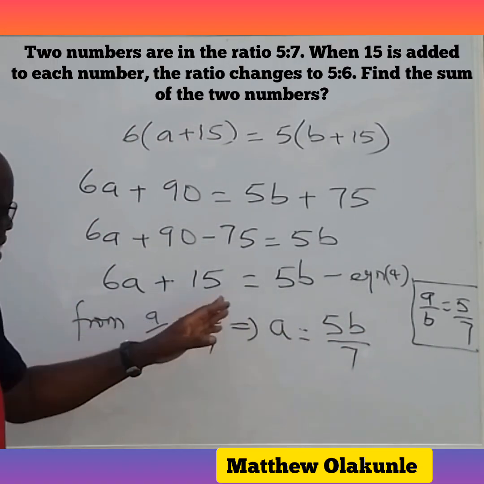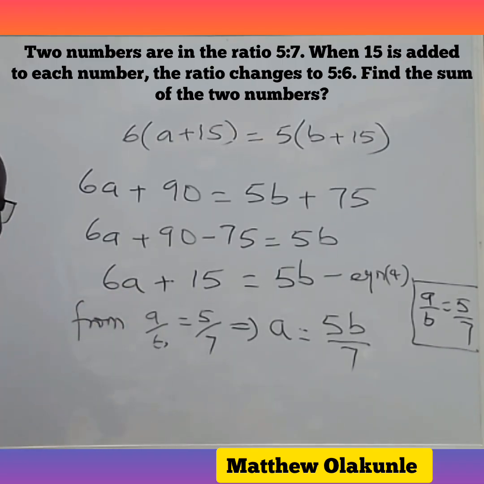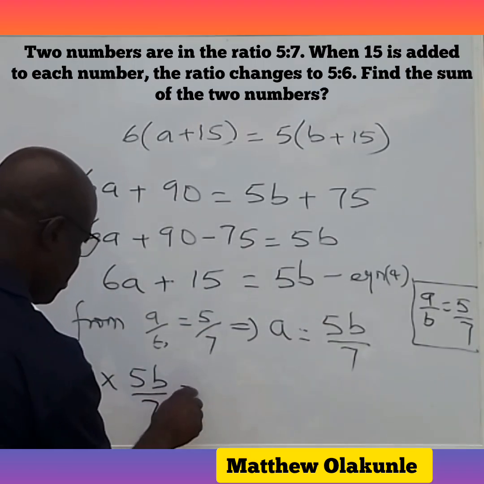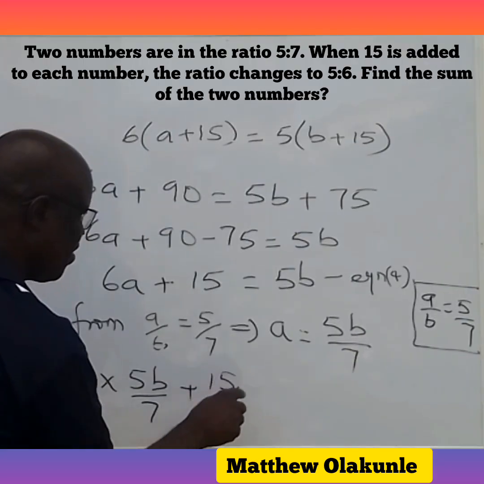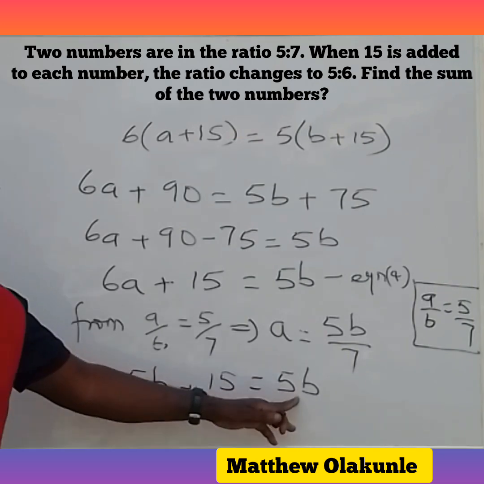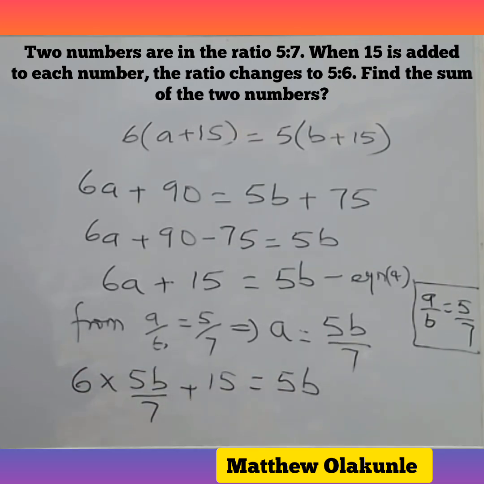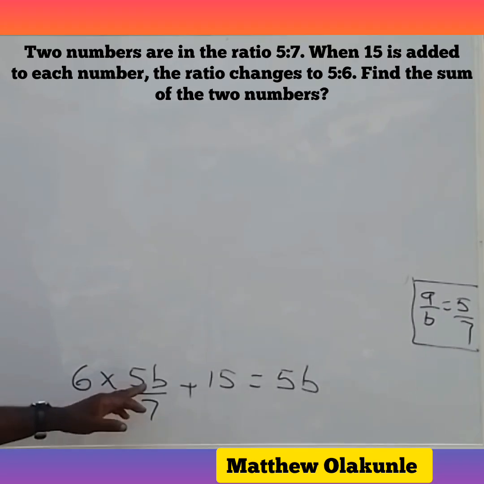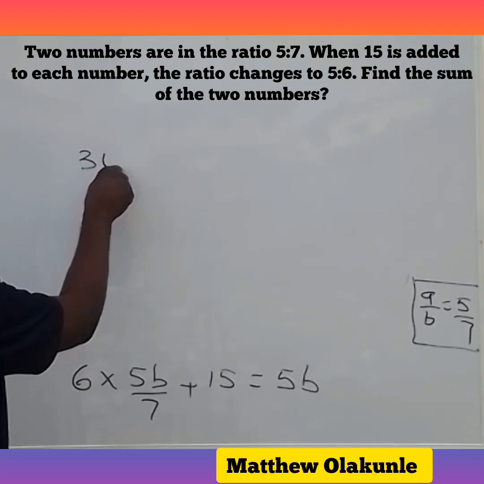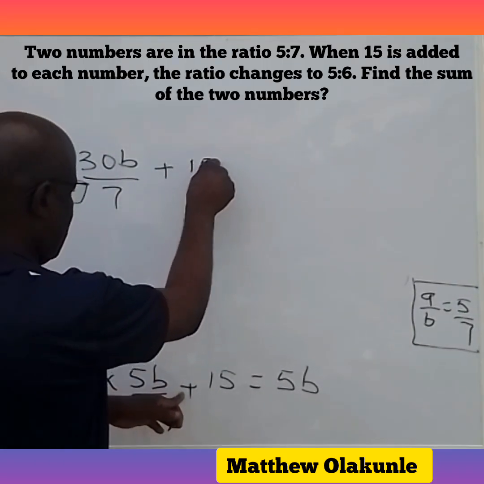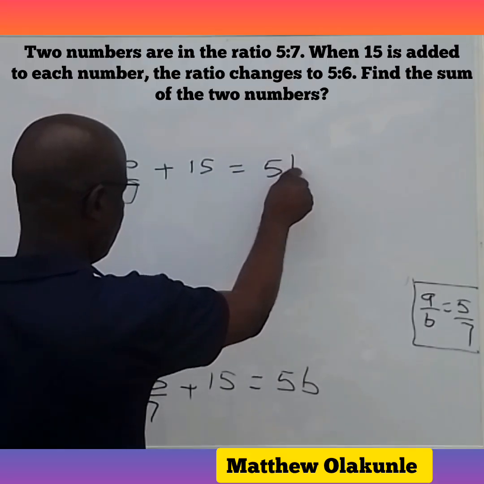I want to substitute what is A here so that I can find what is my B. Now we have 6 times 5 over 7 B, then plus 15 equals 5B. So you can see now we have B. Let's multiply this by 6. 6 times 5, that's 30B, all over 7 plus 15 equal to 5B.